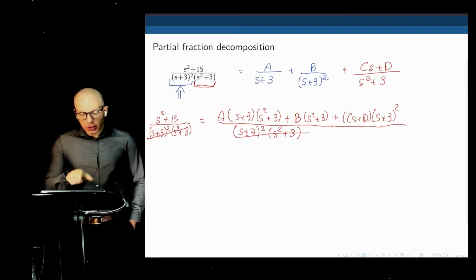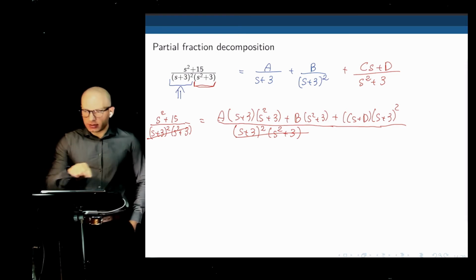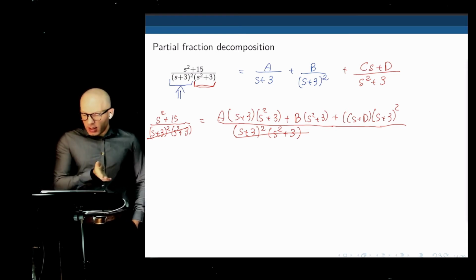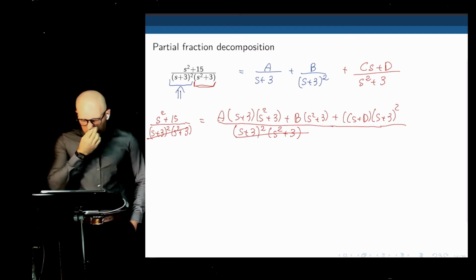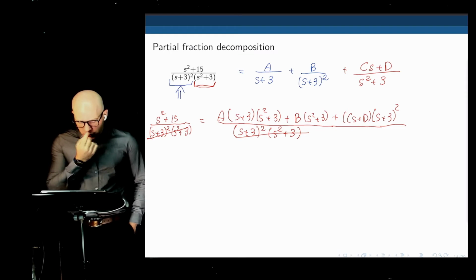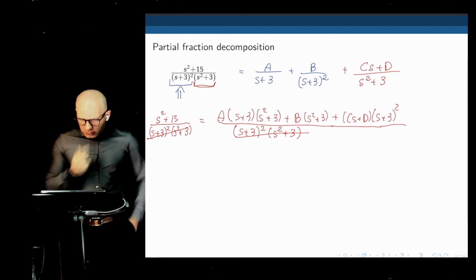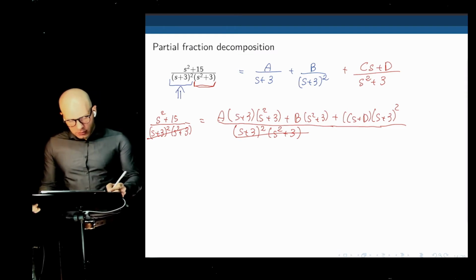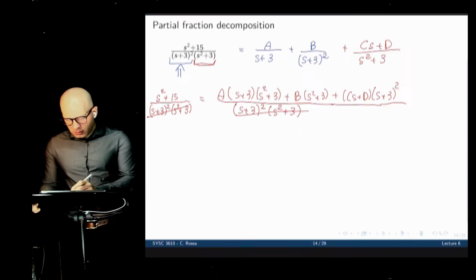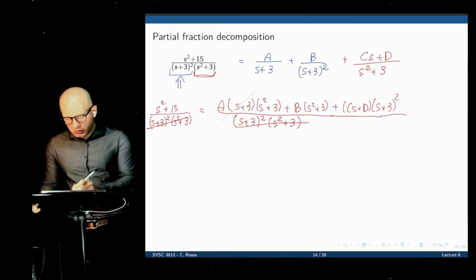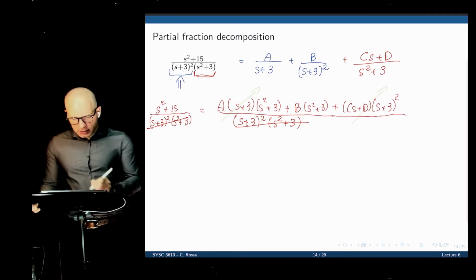You can also do here, once you simplify the denominators, you can set s to -3, for example, and see what is left. If s is -3, the first term vanishes. This entire thing goes to 0.